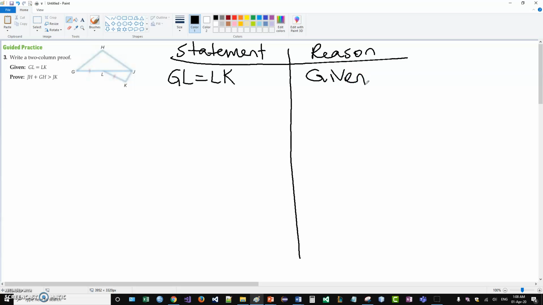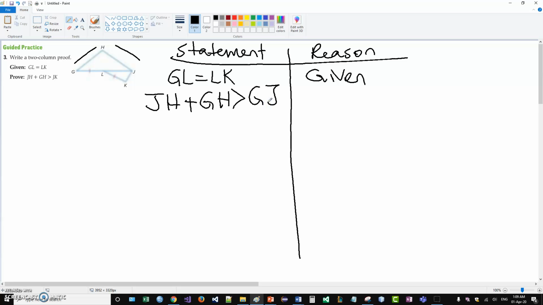Next, using the Triangle Inequality Theorem, we can write JH plus GH greater than, so on the big triangle right here, JH plus GH are greater than the third side, which is GJ.